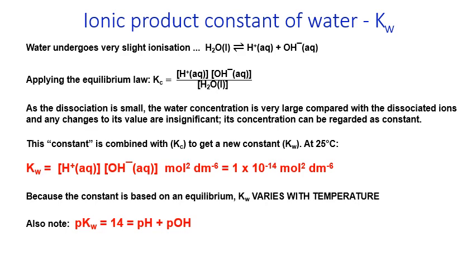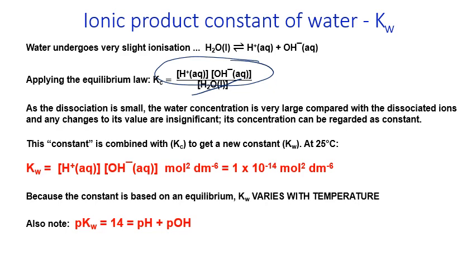If you apply the equilibrium law, Kc equals the proton concentration times the hydroxide concentration divided by the water concentration. Now, because the water concentration in that particular case is massive compared to the concentrations of the protons and hydroxides in solution, we don't really care about it. So the only thing we focus on is the concentration of the proton and the concentration of the hydroxide in solution.